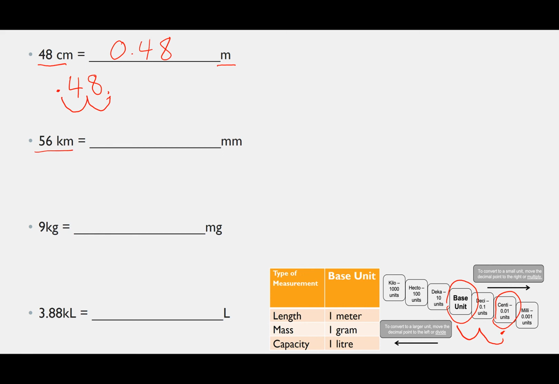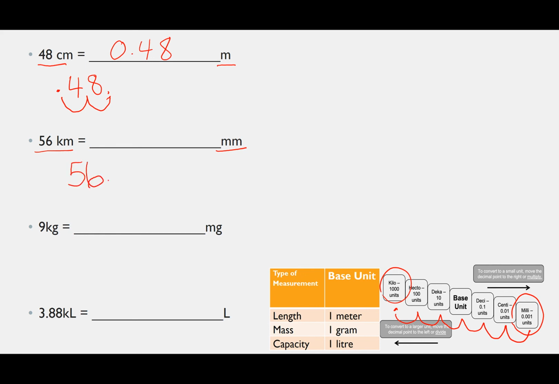56 kilometers to millimeters. Okay, so kilometers is at the top of our ladder, and we're moving all the way down the ladder to millimeters. So with this one, we take our decimal and we can move it over 1, 2, 3, 4, 5, 6 times. Okay, so we can go 56.